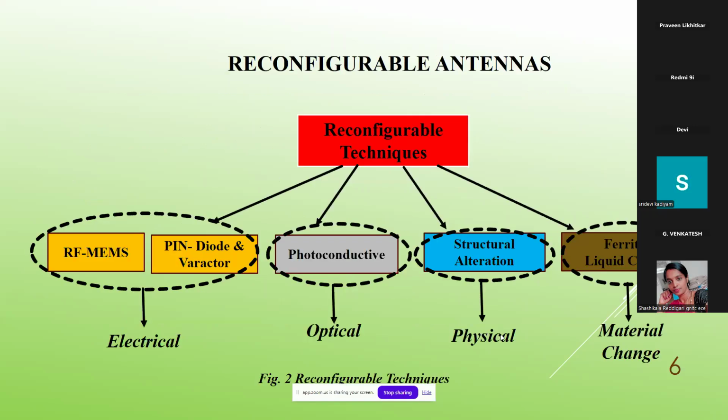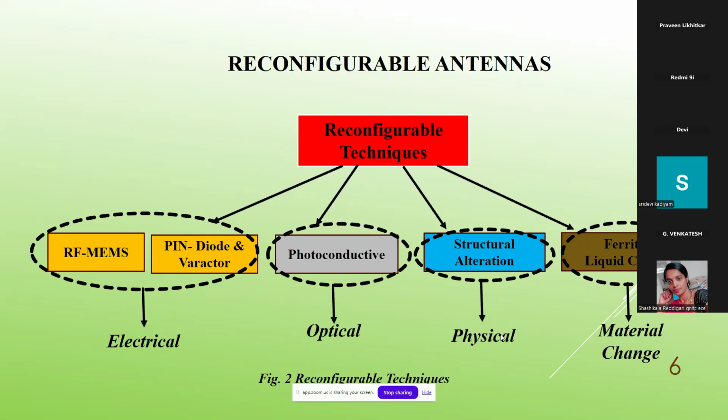Coming to reconfiguration techniques, a variety of techniques are there. One is, as I told, RF MEMS, radio frequency micro-electromechanical systems, that can be used as an electrical switch, PIN diode, varactor diode. That is the technique from the electrical point of view. From the optical point of view, photoconductive materials can be used.